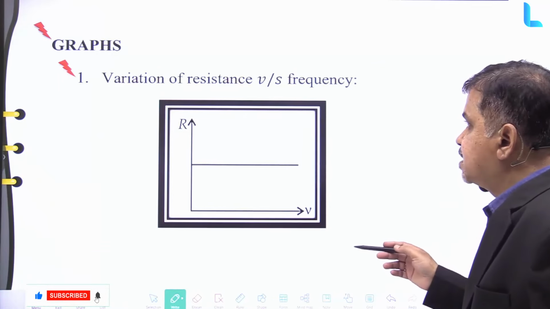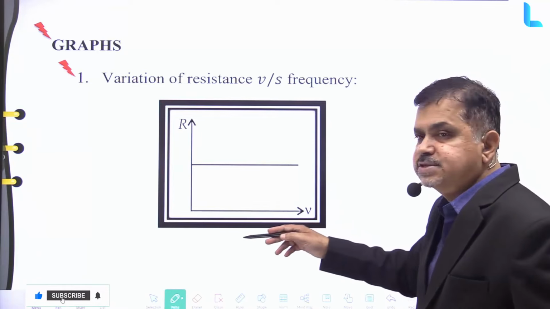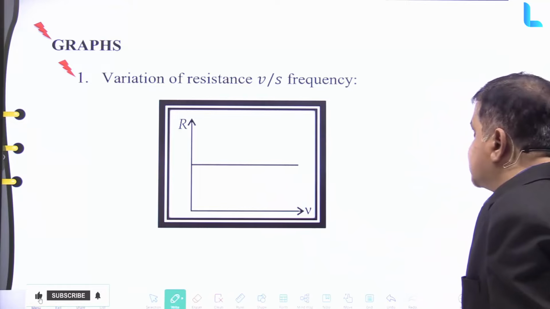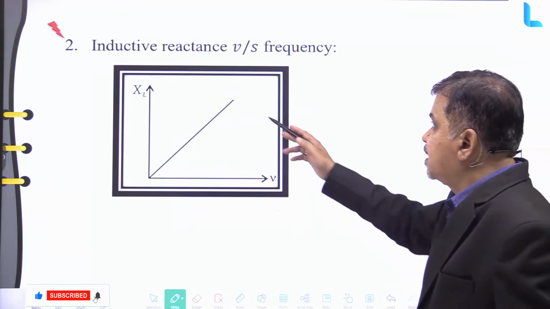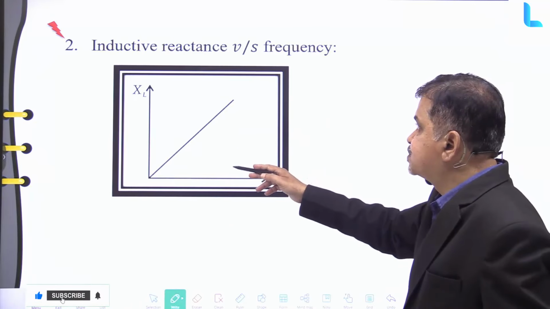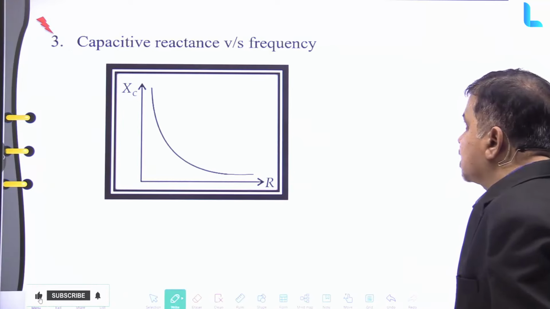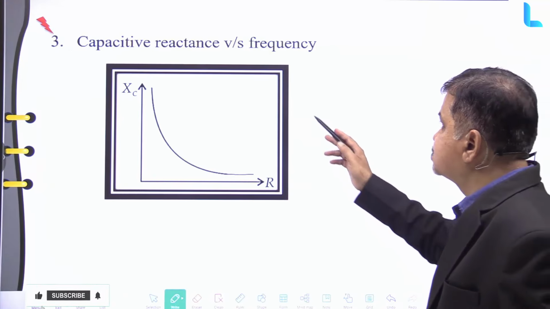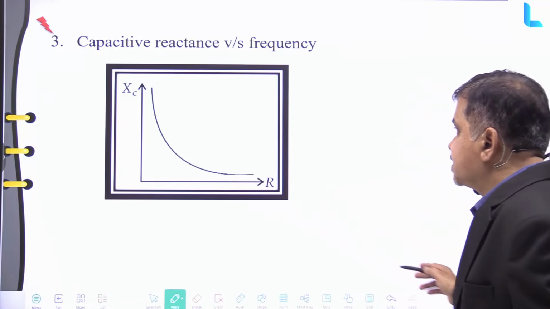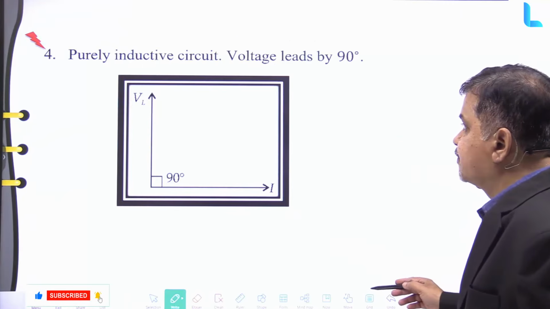And here you can see the graph of the variation of resistance versus frequency, which is parallel to the x-axis. Further, you can see the graph of inductive reactance versus frequency, which varies proportionally with inductance and frequency. And the capacitive reactance versus frequency graph is as shown here, and it is not a linear variation graph.